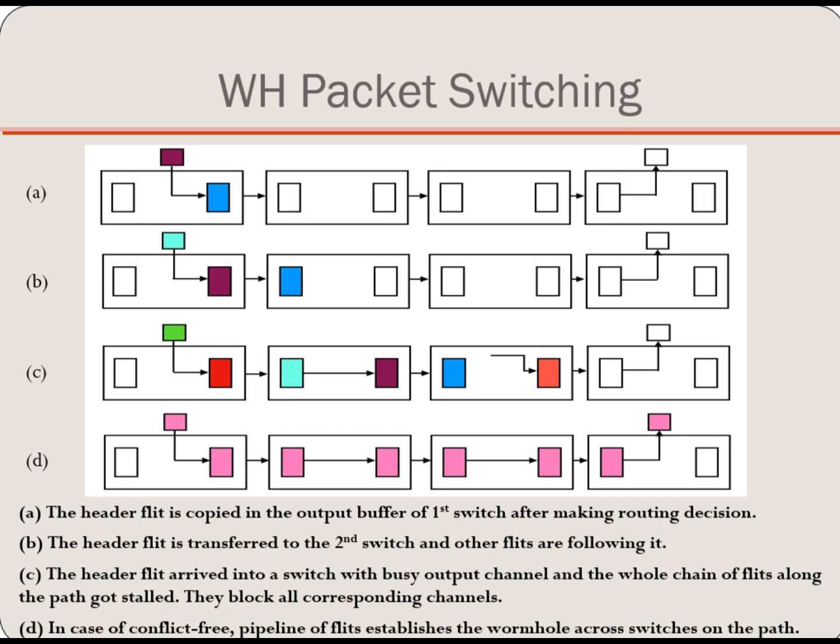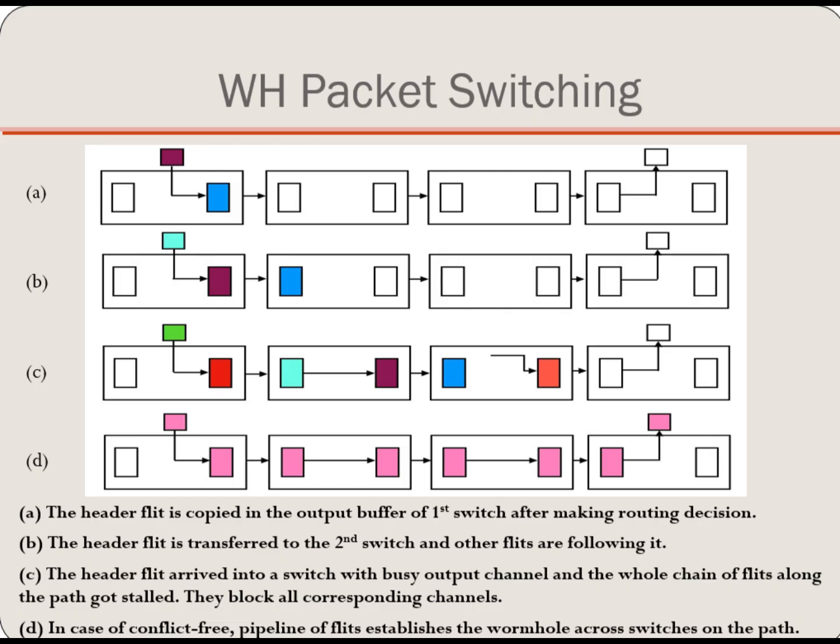Because a packet may occupy several switches, it's not a good thing, because the resources of these links or channels are all busy with this particular packet. If the packet cannot go ahead, it takes all the resources, and these resources cannot be used by other messages.